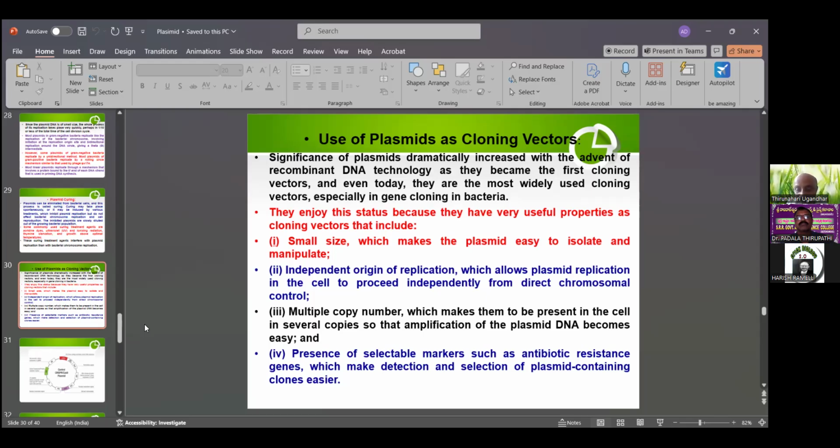The fourth one is the presence of selectable markers such as antibiotic resistance genes, which makes detection and selection of plasmid-containing clones easy. Genes are also inserted into the plasmid vector, which makes the gene cloning process easy. These are the major important uses of plasmids as gene vectors.